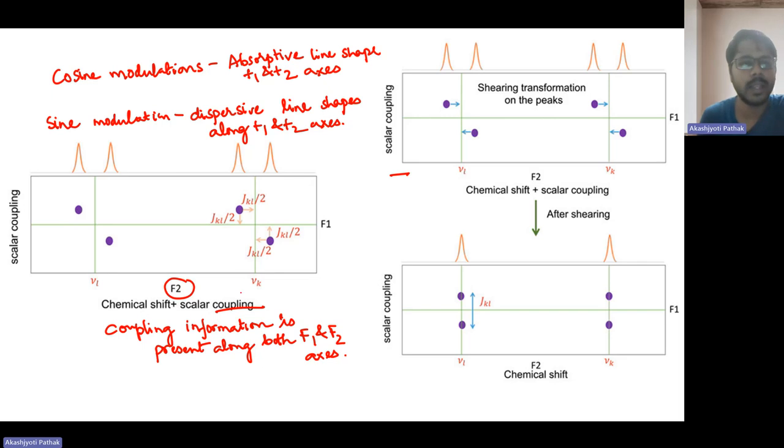Along the F2 axis there is coupling information, and along the F1 axis also there is coupling information, right?